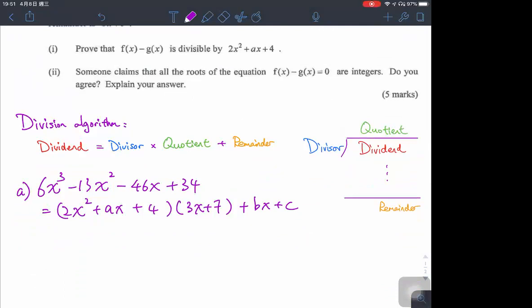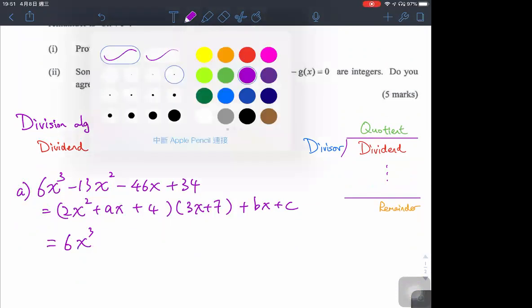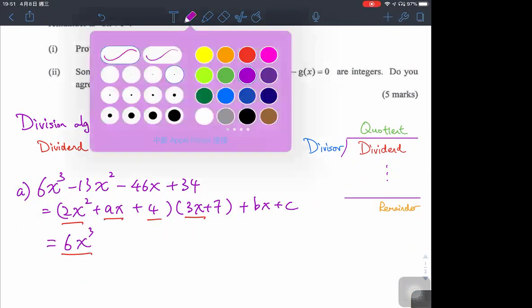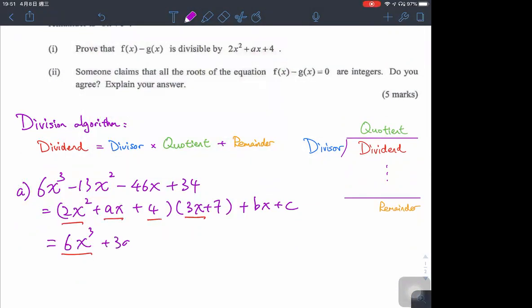For a polynomial, if the two expressions are the same, then we can solve by comparing the coefficients. So we have 6x cubed for the expansion, and then we also have ax times 3x and 4 times 3x. So we have 3ax squared plus 12x.